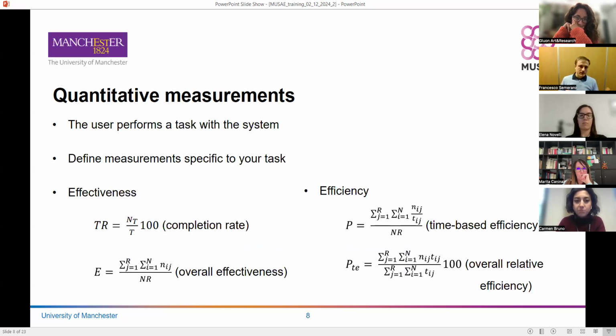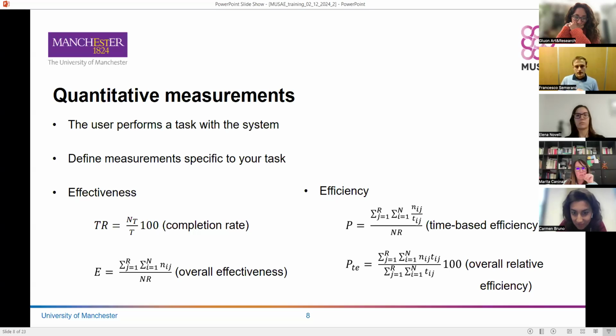Now we're going to delve into the quantitative measurements, which in simple terms are the numbers that you can use to make your point and on which you can run a statistical analysis later to assess whether your system fits the purpose or not.